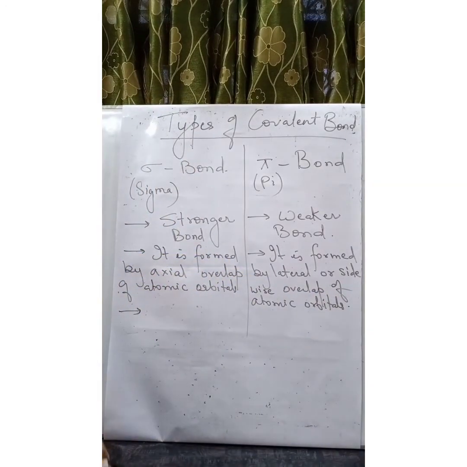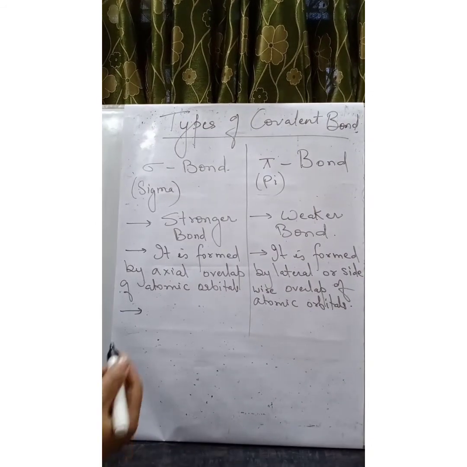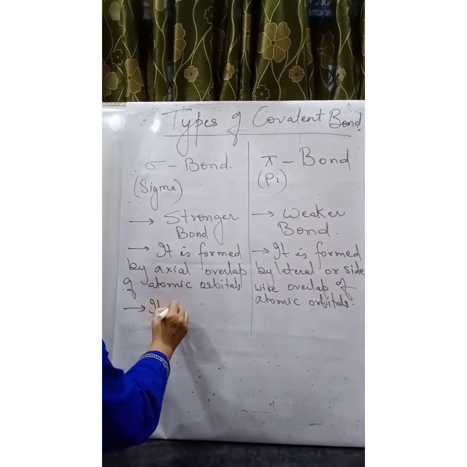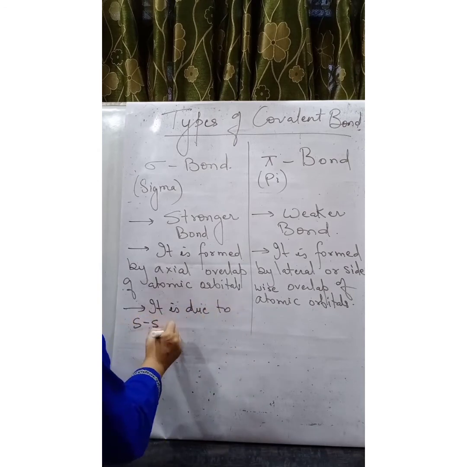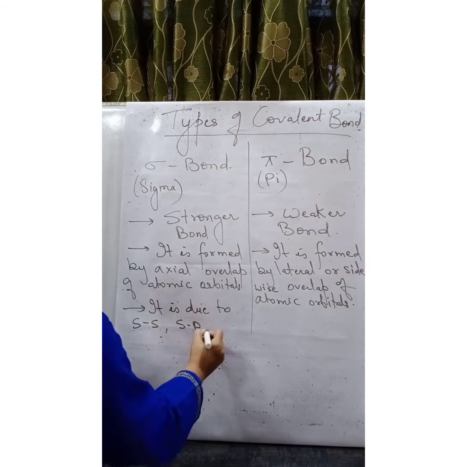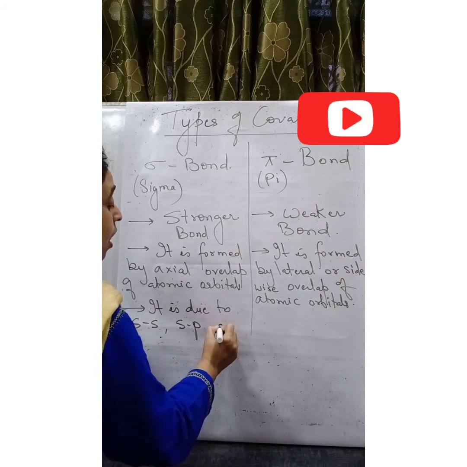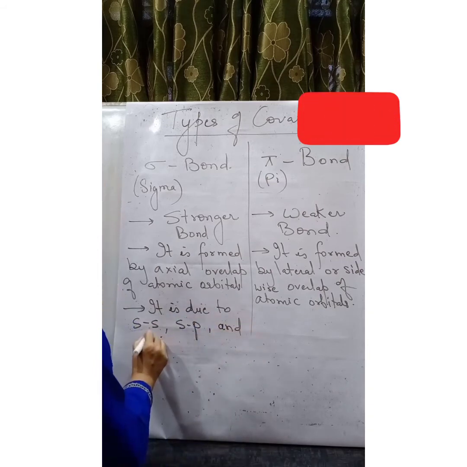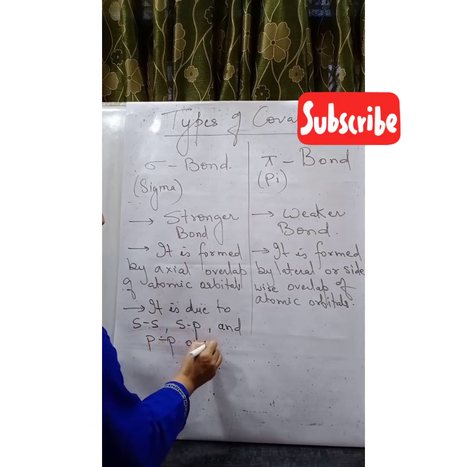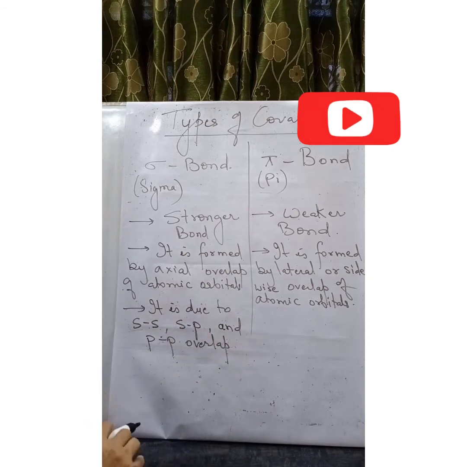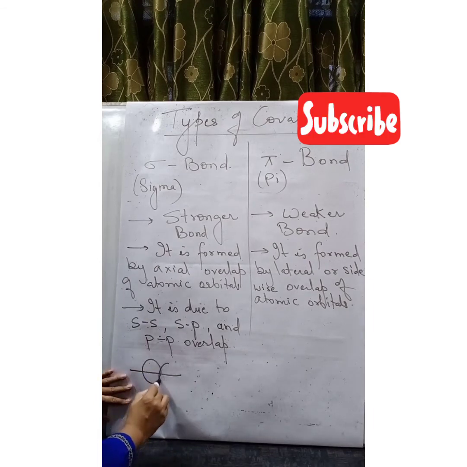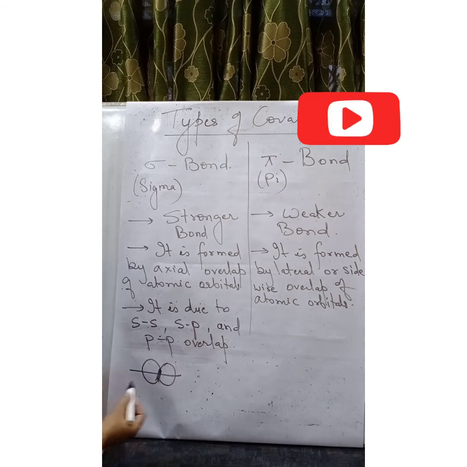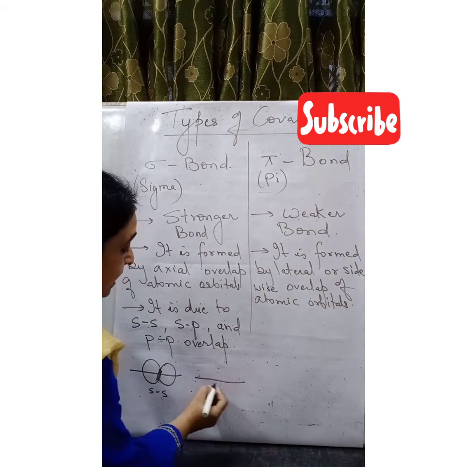Now, how does this axial overlap take place? It is due to ss, sp and pp overlap. So let us see. This is the internuclear axis. Two s orbitals are overlapping each other. So this is ss overlap. This is the internuclear axis.